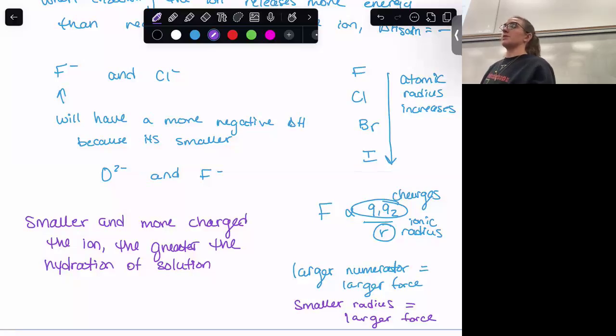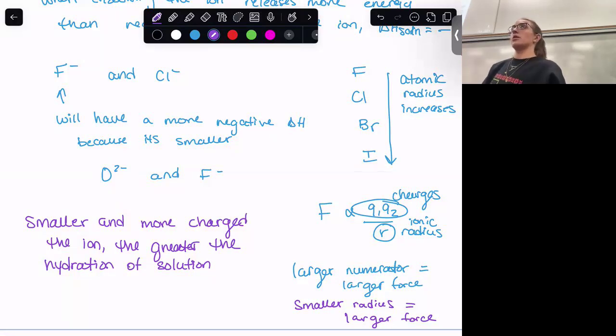You have to break everything apart first before you can dissolve it. So it's the energy to break that ion and then the energy to dissolve that ion. You can think about it in 2 steps: if you have a cup of salt and a cup of water, they technically need to break apart into sodium and chloride ions, and then they get dissolved once they get into the water.